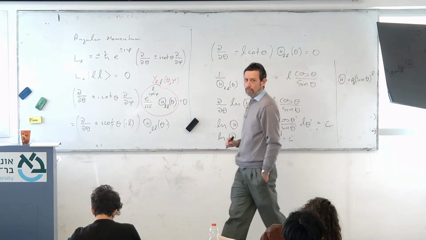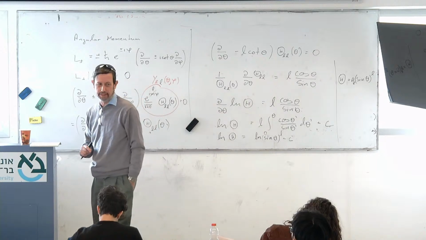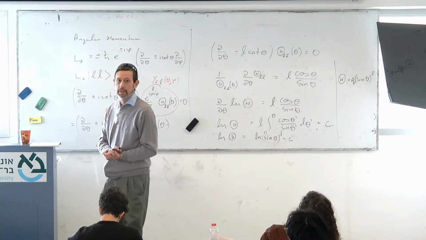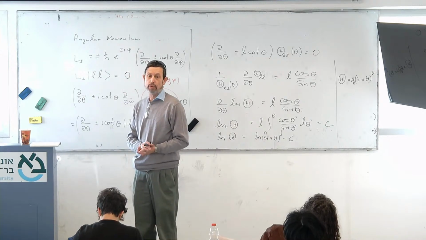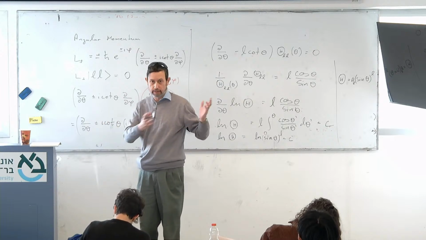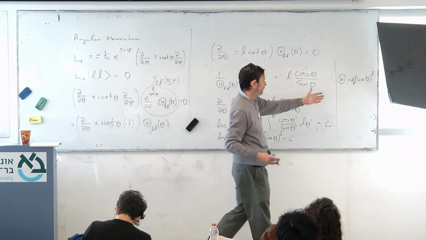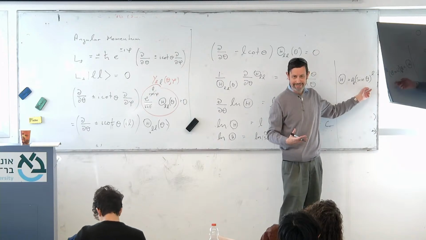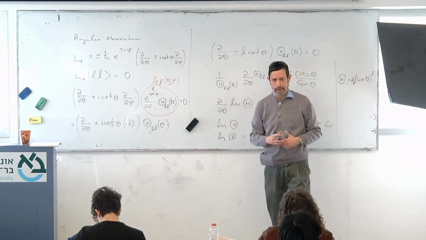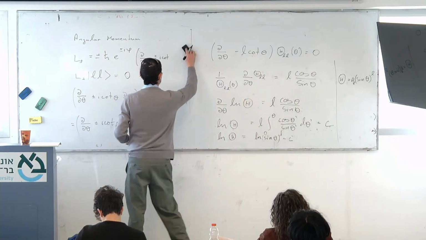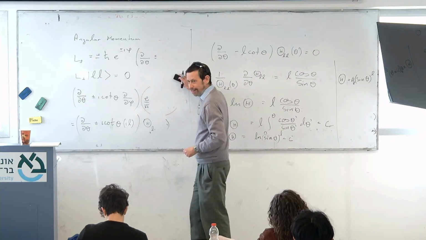Okay, so we have the YLL. Now we can produce everything in between. For any L, we can get YLL. We have it. Just a polynomial of sine functions, or sine function to the power of L. First, let's take care of the normalization.